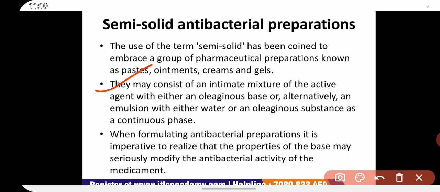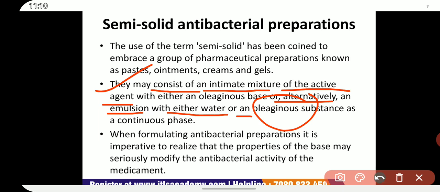They may consist of an intimate mixture of the active agent with either an oleaginous base or, alternatively, an emulsion with either water or an oleaginous substance as the continuous phase.